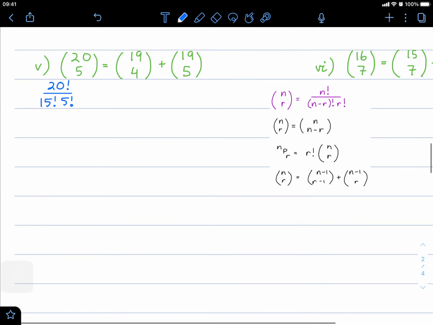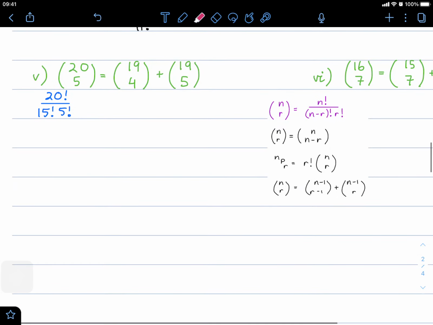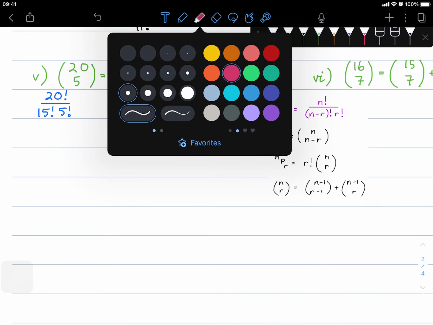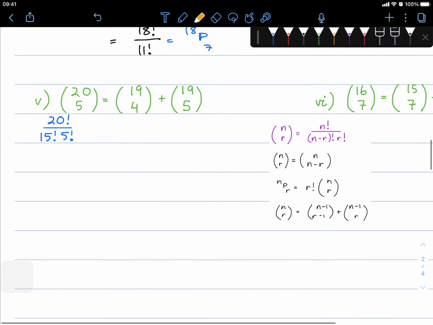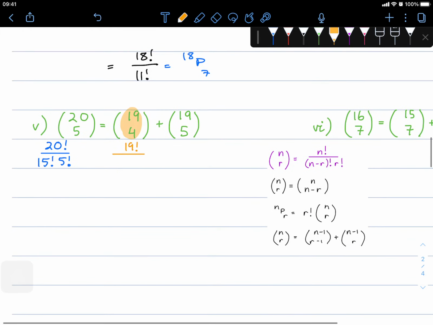Now for our right hand side, this is rather complicated, so let's do some color coding so you can see the work that I'm going to be doing. That 19 choose 4, let's organize it like so. 19 factorial over 19 take away 4. 19 take away 4 factorial is going to be 15 factorial, 4 factorial.